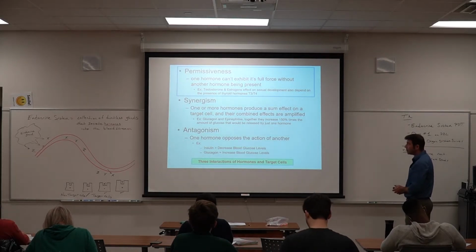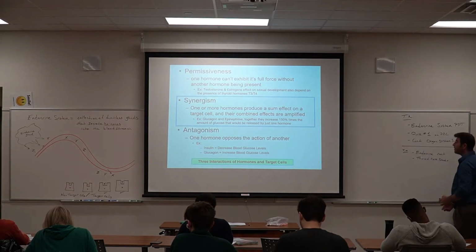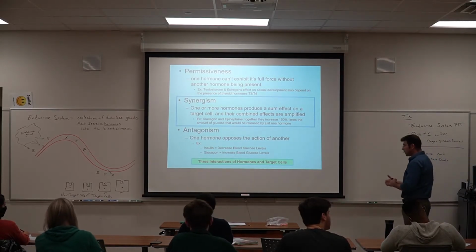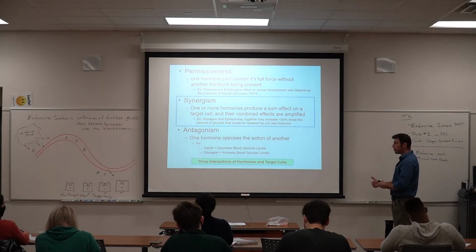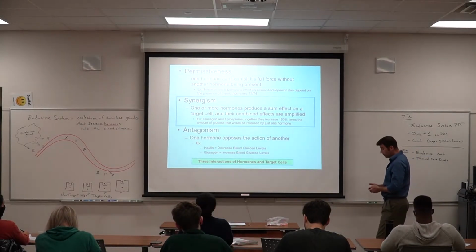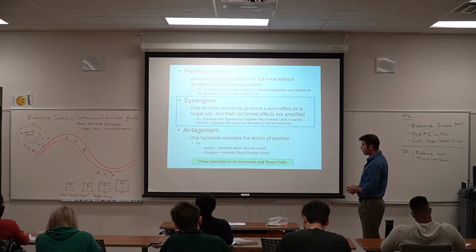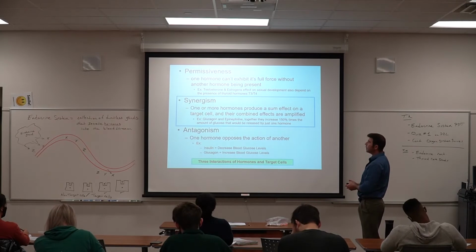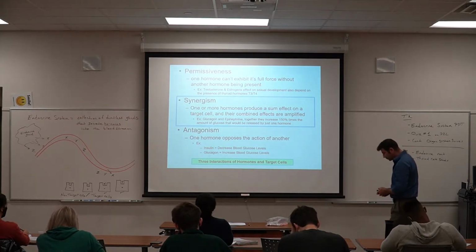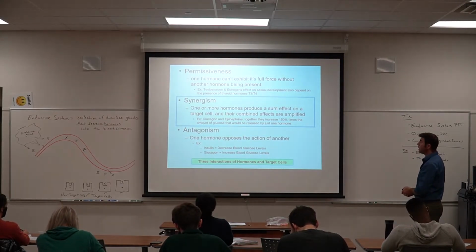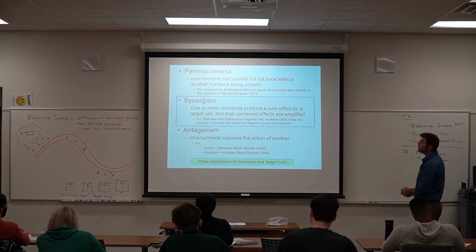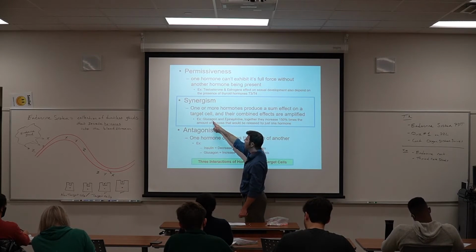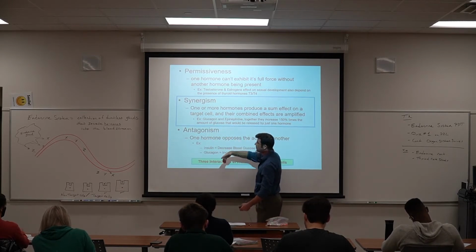Another example, jump to the next one, is synergism. This is where you have hormones that can amplify one another's effects. We did just look at the slide where we were talking about epinephrine and norepinephrine coming from the adrenal medulla. That is a hormone that can greatly boost the effects of glucagon. Glucagon, we will come to know as one of these hormones that comes from the pancreas.